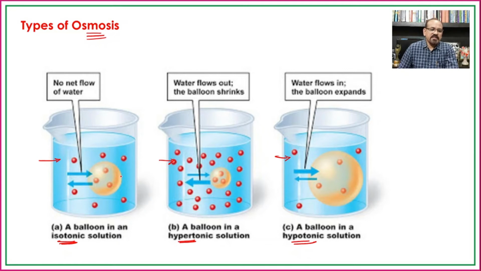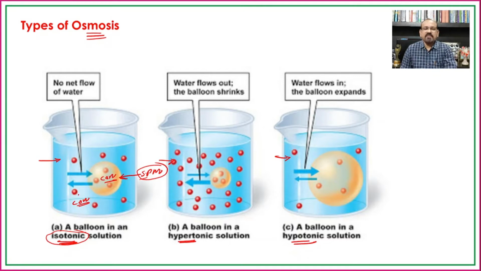Inside which there is a balloon which is made up of the semi-permeable membrane. So we can say that if it is made up of the semi-permeable membrane, then the water can enter inside only and not the solids. Even instead of this balloon, we can take the cells also. So when it is kept inside the isotonic solution, the concentration inside this balloon and the concentration outside the balloon is the same.